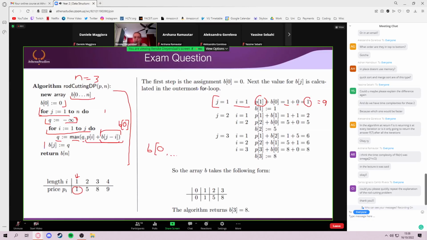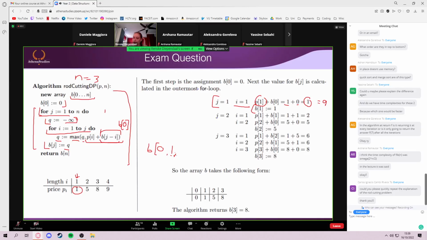And then the next part of b, in our array over here, is going to be q. So we said j is 1, so b of 1 is going to be 1. So we can calculate the next value in here. Okay, and then we have completed this for loop for j is 1.